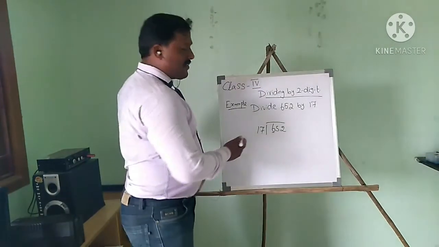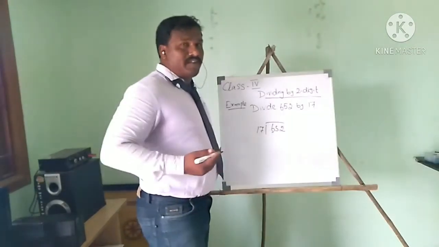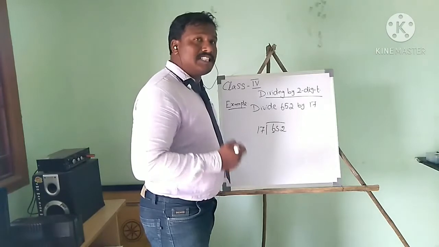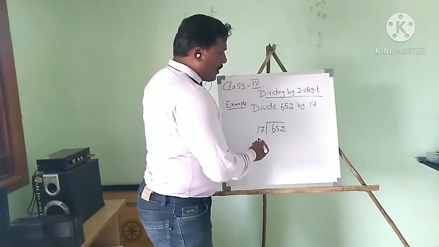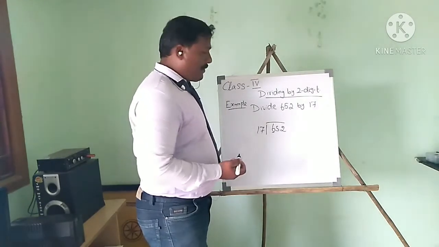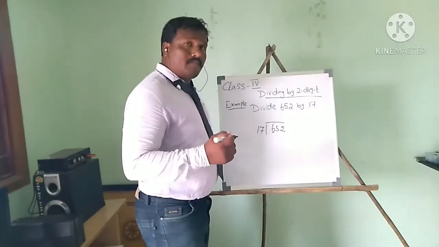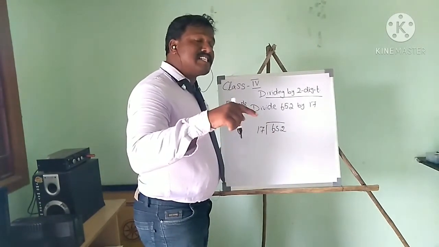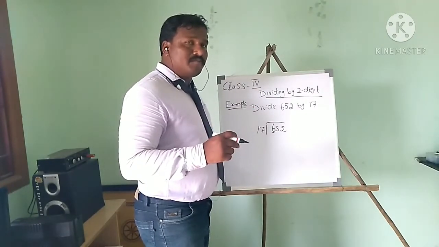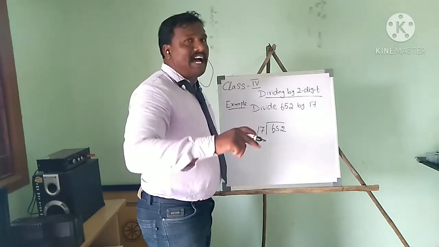Now I am going to divide by 17. You may not know the 17 table. So how can you find this product? I will tell you simply: in 65, how many 17s are there? For this kind of situation, you can multiply or you can add.